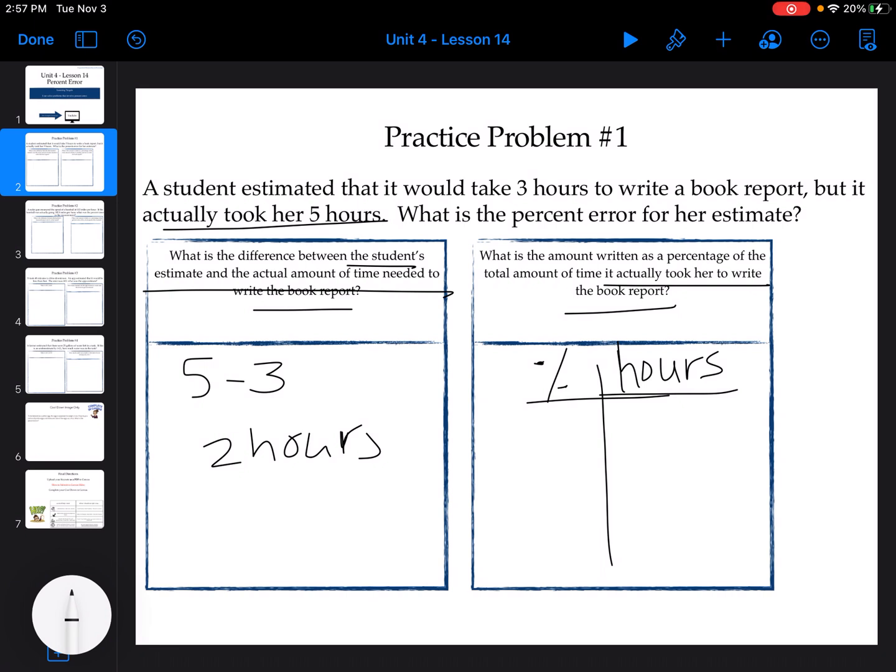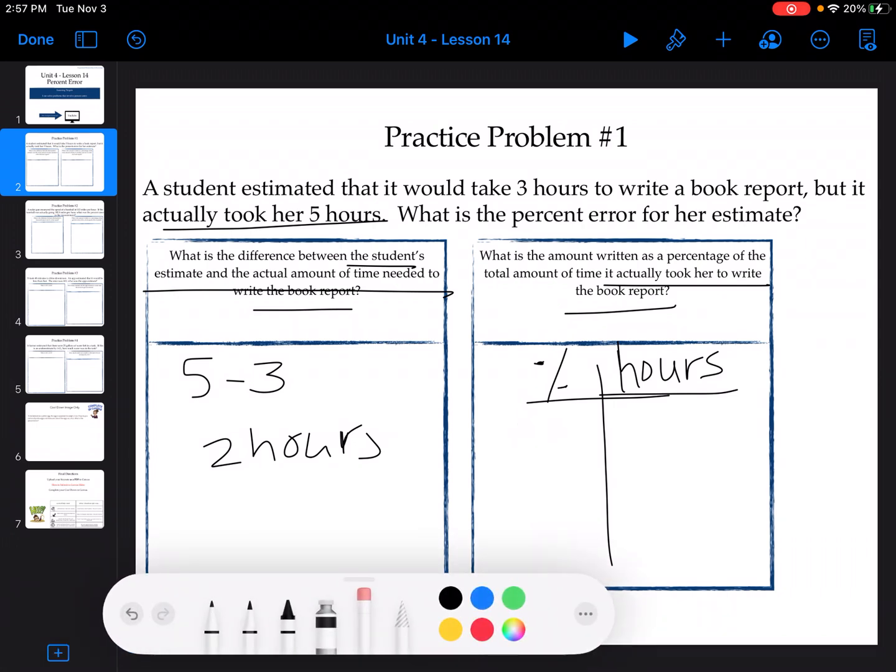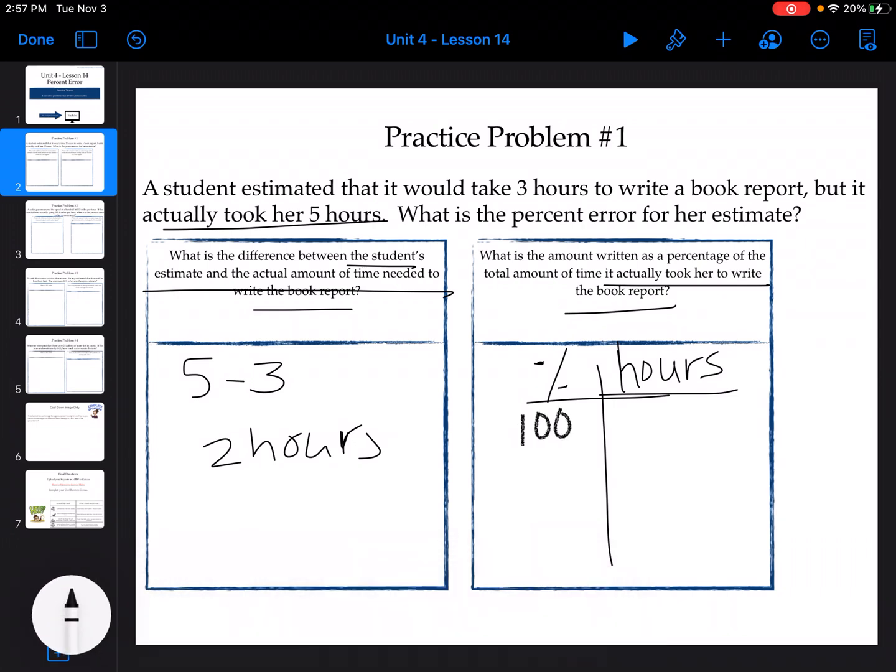So we know 100%, which was her estimate, would have been 3 hours. And we know that it took her actually 5 hours.